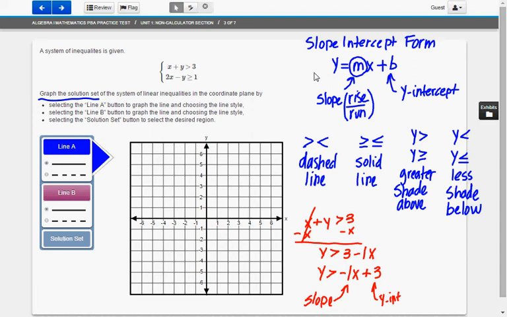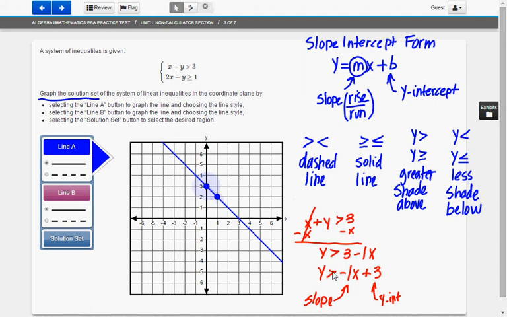So we need to graph a line with a slope of negative 1 and a y-intercept of positive 3. To begin with, I would graph the y-intercept, and I'm going to be graphing line A. So I'll select line A, and its intercept is at 3. I can click at 3 on the y-axis, and a slope of negative 1 means I'm going down 1 and right 1. And there's my line.